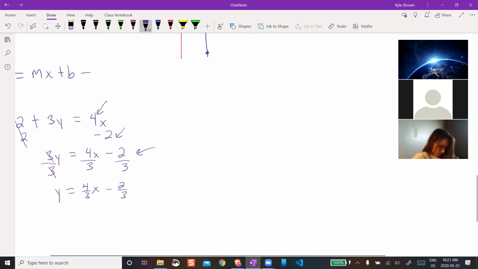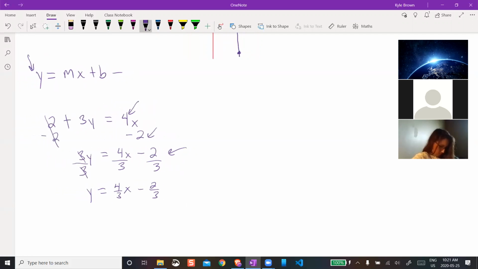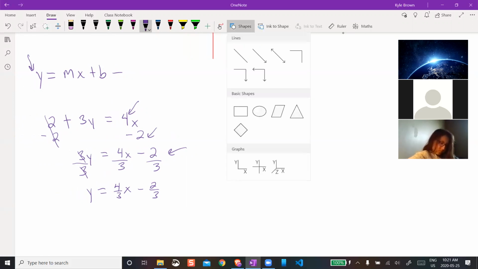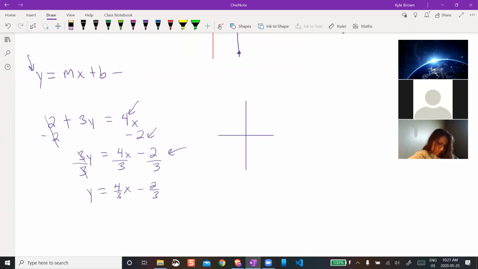It looks confusing because you're dealing with fractions, but if we were going to sketch this, we've got everything we need. So if we're going to sketch this, I'm going to remind myself that it's y is equal to mx plus b, right?